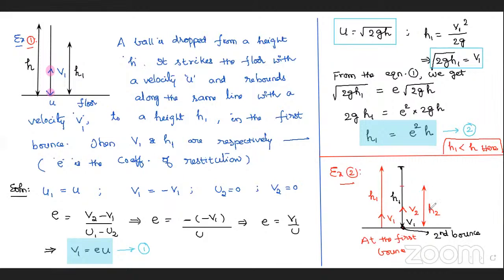What kind of relation will you get here between v1 and v2? In the first bounce, v1 and u are interrelated like this, the striking velocity and rebound velocity. In the same way, how do you interrelate the striking velocity and bouncing velocity? I will see who will catch this simple common sense.